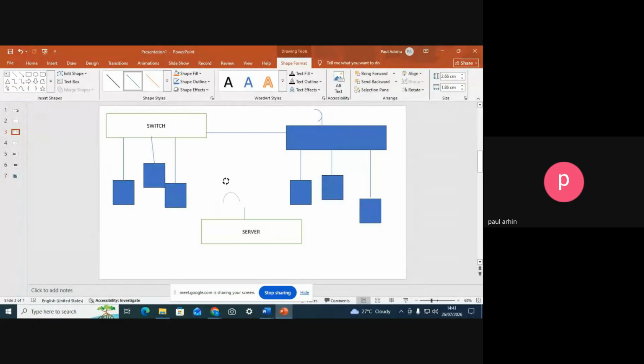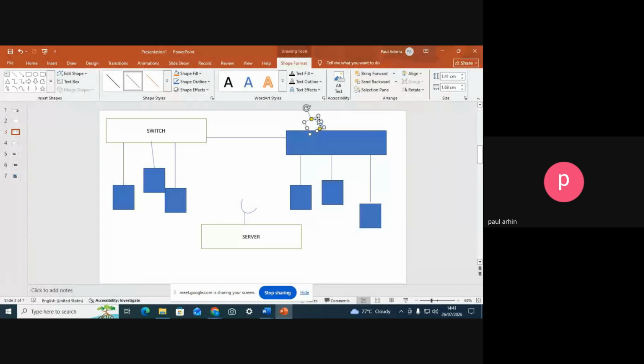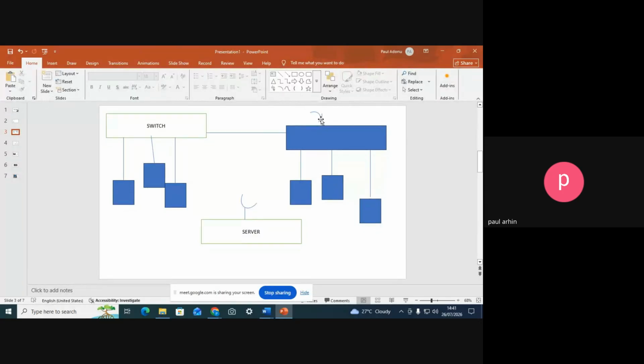So the aim is to connect this particular device, the switch here, to the server room or the switch there. But we can't use cable to connect from this place to this place. So we locate a bridge here. There's a bridge, there's a bridge.